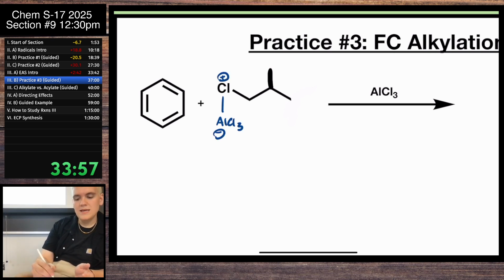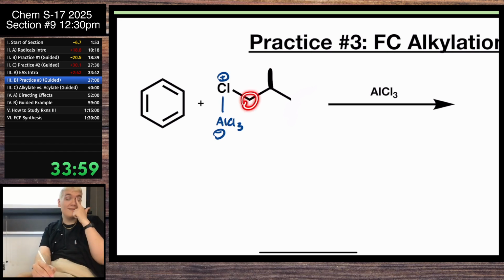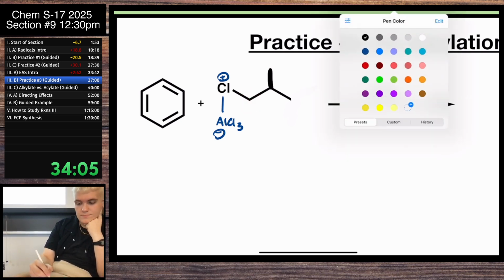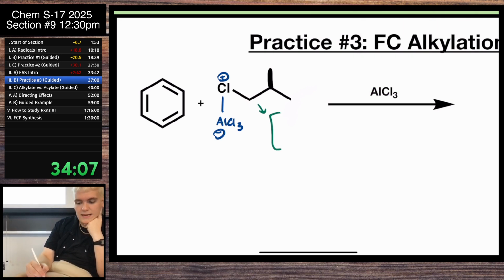And now, is this going to be a good candidate for SN1? Like, what kind of carbocation would we make if we did SN1 as a route? We would be making this carbocation, right? Is that a stable carbocation? No. So this is bad at SN1.